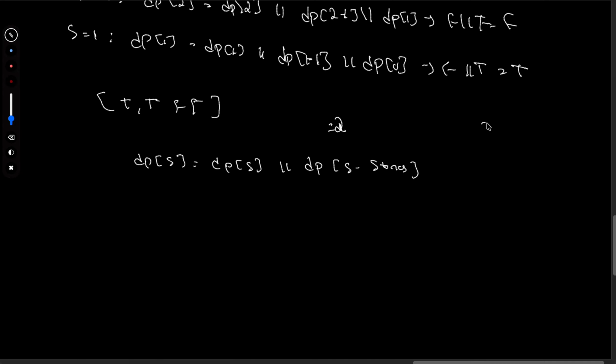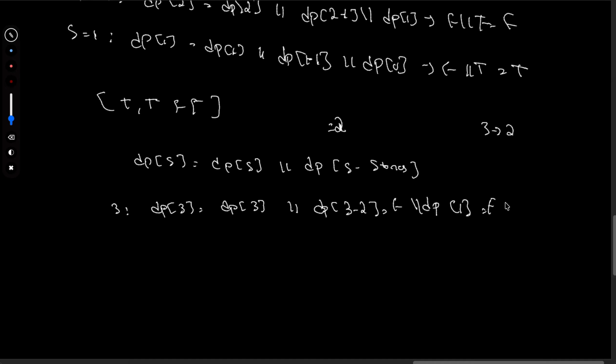So the loop starts from 3. DP of 3 is DP of 3 or DP of 3 minus 2, false. So or DP of 1 is equal to F or T, is equal to true.